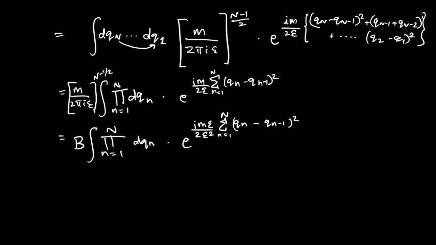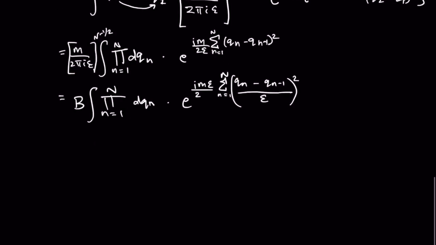Now what we're going to do is take this epsilon squared and insert it into the expression, so that we have (q_n minus q_{n-1}) whole square divided by epsilon squared. And of course, this whole thing can be written in a whole square, so that we get that neatly in the expression.